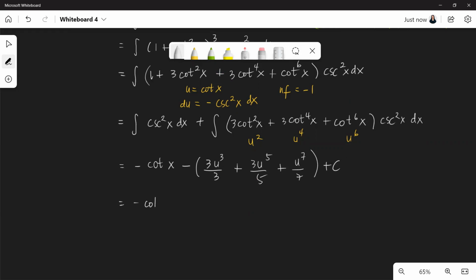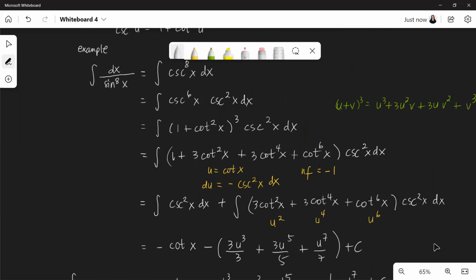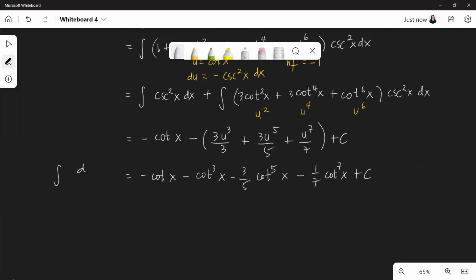So negative cotangent x minus cotangent x to the power of 3, since u is cotangent x, then minus 3/5 cotangent x raised to 5, then minus 1 over 7 cotangent of x raised to 7, and then plus c. So this is the answer for the integral of dx over sine of x raised to 8.